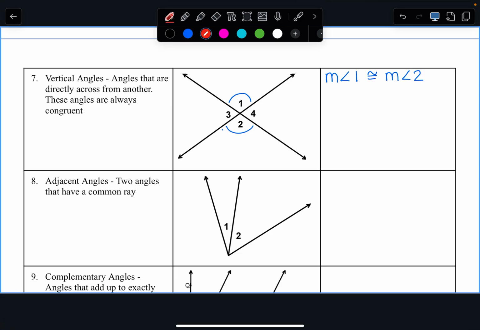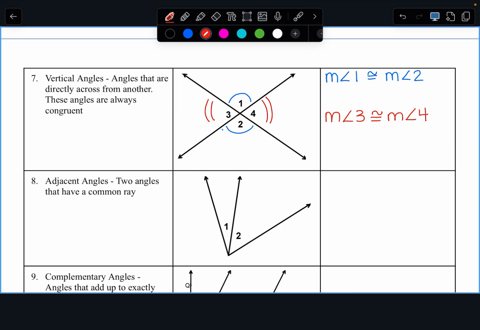Additionally, the measure of angle 3 is congruent to the measure of angle 4. Now we're going to show that with a double curve because we want to show that 3 and 4 are congruent, but they are not congruent to 1 and 2. So measure of angle 3 is congruent to the measure of angle 4.